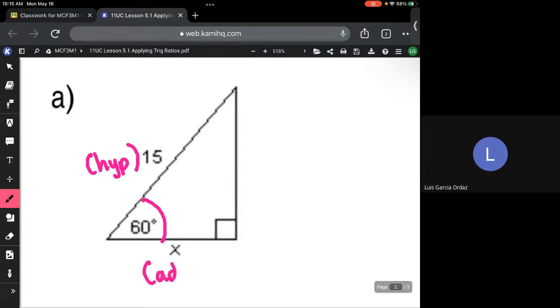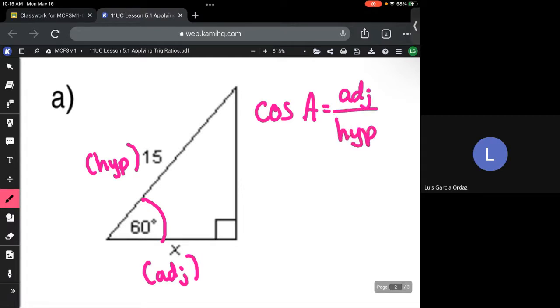So if you look at SOH CAH TOA, which one uses adjacent and hypotenuse? Cos. So cos A is equal to adjacent divided by hypotenuse. So cos of 60, because that's our angle, is equal to our adjacent, which is x, over our hypotenuse, which is 15.